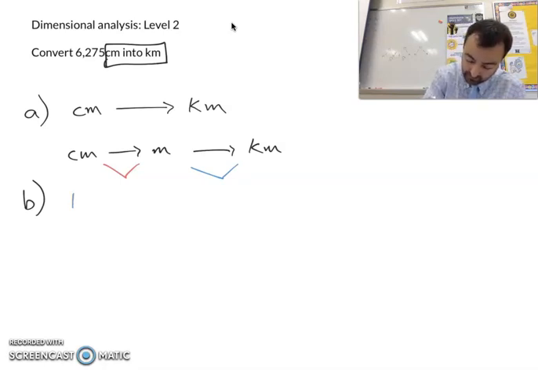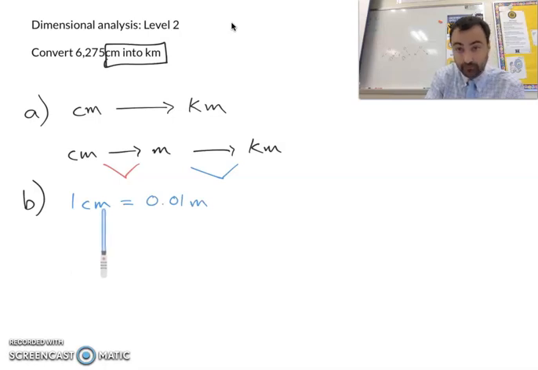So, like I was mentioning before, I always ask students to put the 1 with the prefix, because the word centi literally means 1/100th, 0.01. So if you have 1 centimeter, that's 1/100th of a meter.